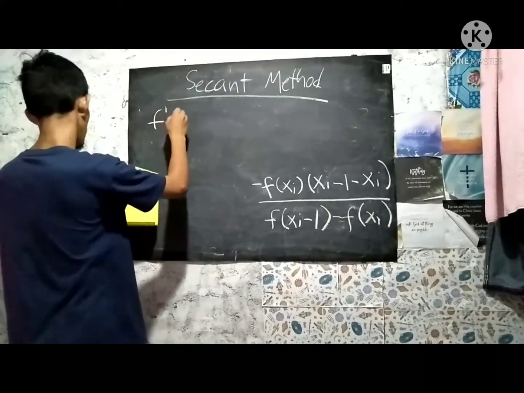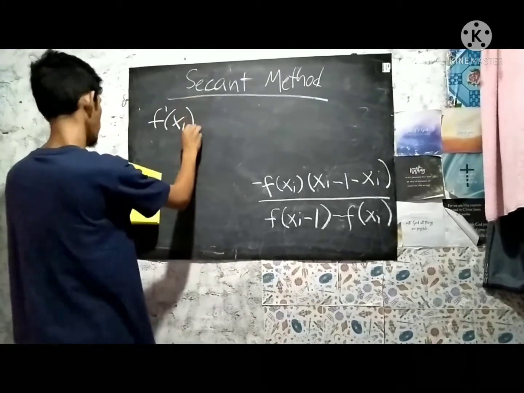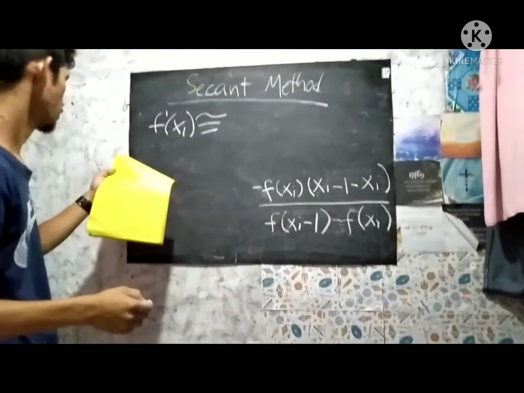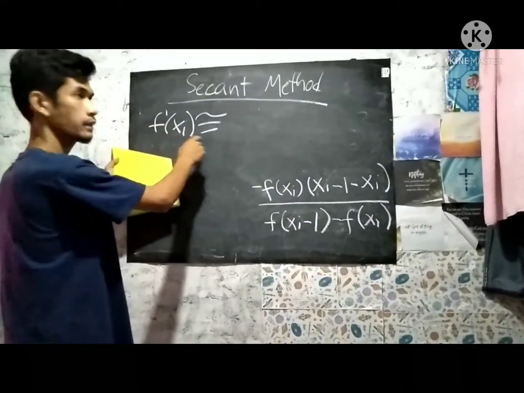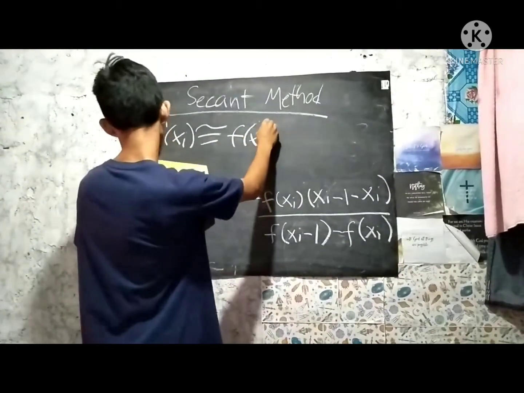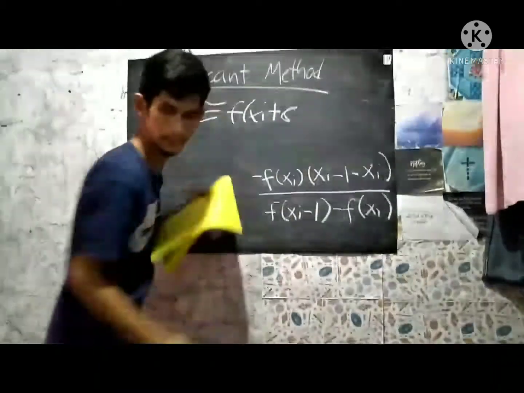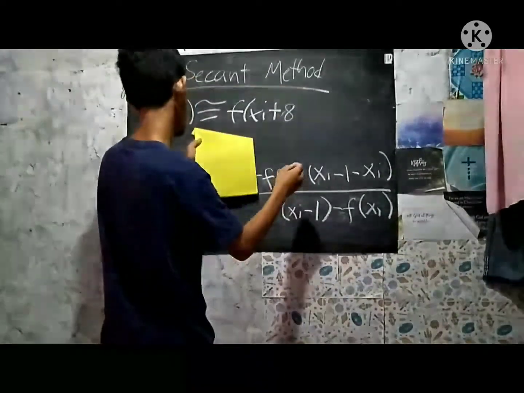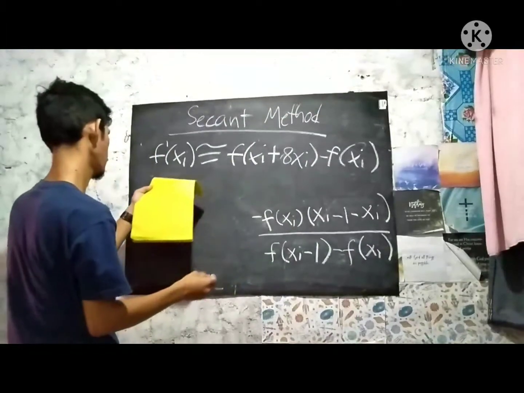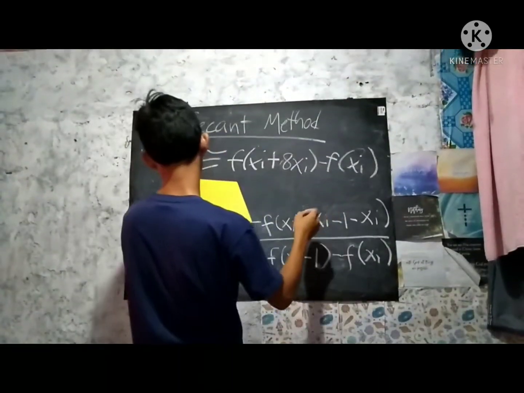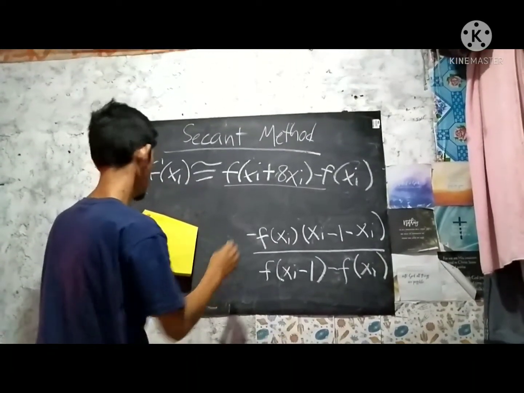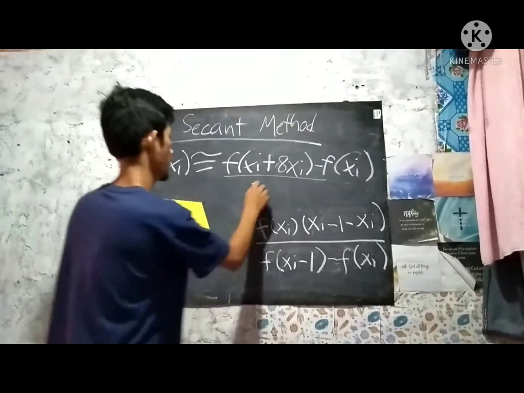f prime of x sub i is approximately equal to f of x sub i plus delta x sub i minus f of x sub i over delta x sub i.